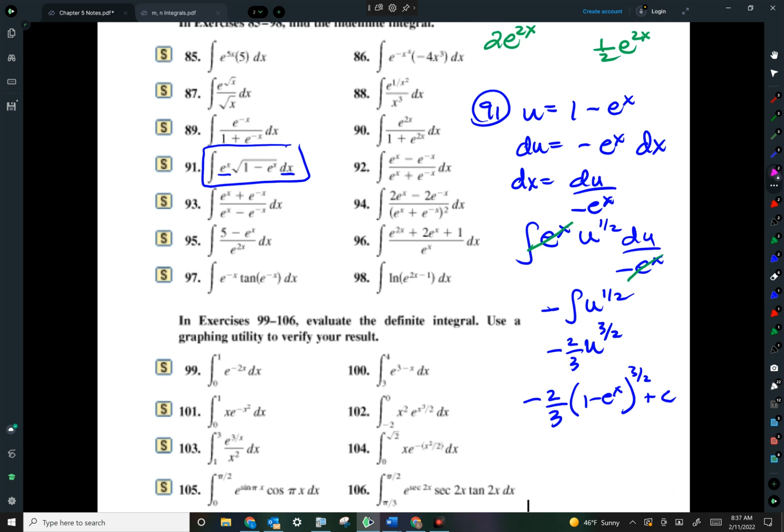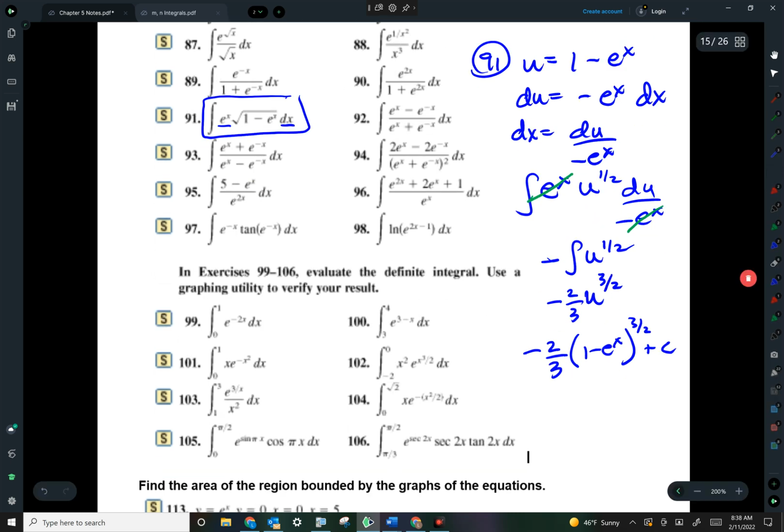When I first look at 97, here's my thinking. Yeah, I do see an exponent of negative x, but that's not very ugly. Because that would be one that I would just do a shortcut on if it were just a negative x. So I'm not really that tempted to let u equal negative x. But anytime there's a tangent and cotangent, don't we need to change it to what? Sine over cosine. So let's start there.